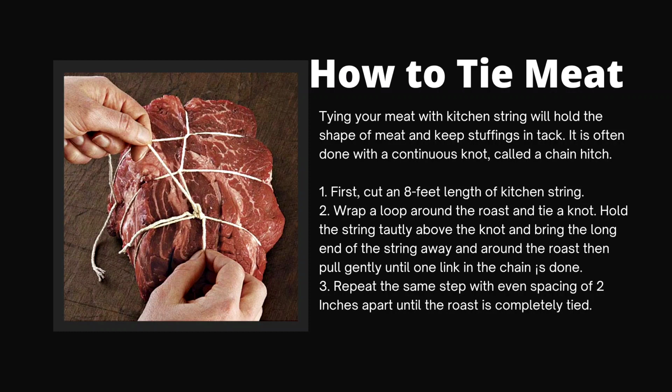Second, wrap a loop around the roast and tie a knot. Hold the string totally above the knot and bring the long end of the string away and around the roast, then pull gently until one link in the chain is done. Third, repeat the same step with even spacing of 2 inches apart until the roast is completely tied.